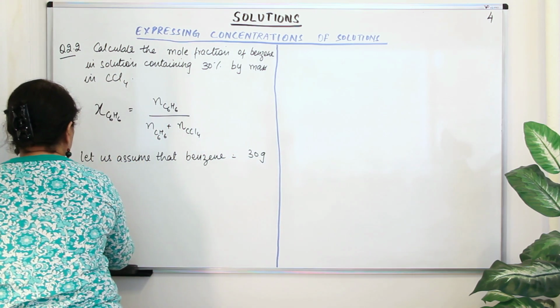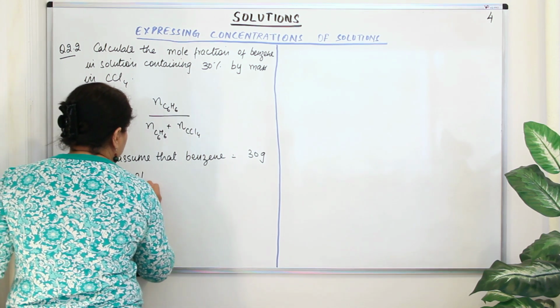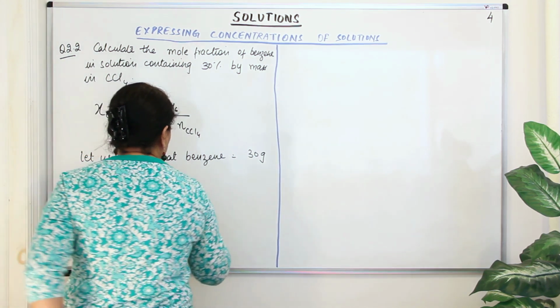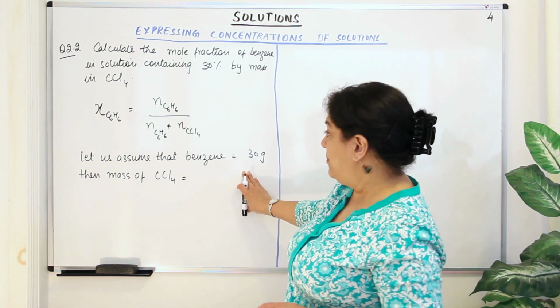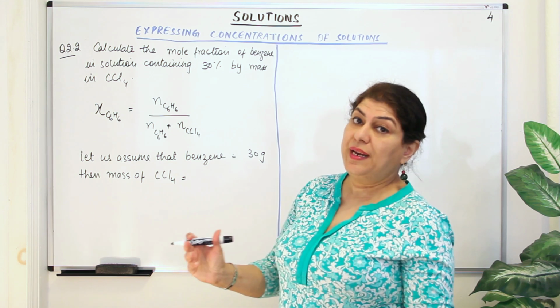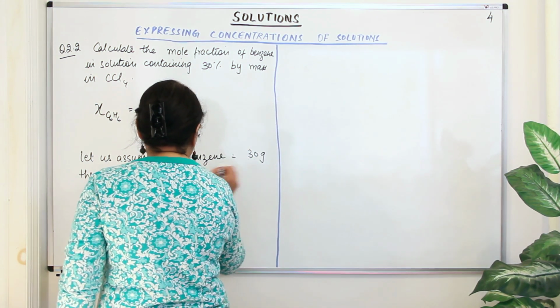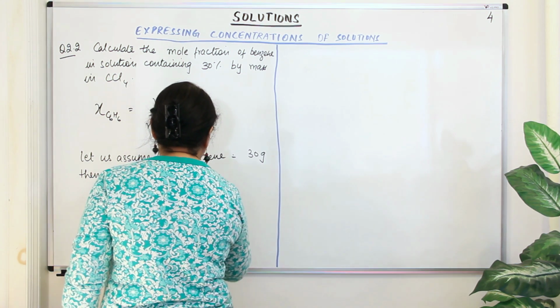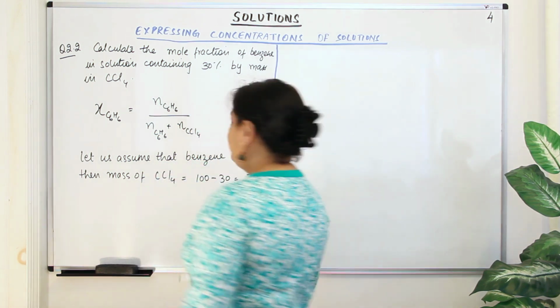Then the mass of CCl4 would be equal to, now if out of 100%, 30% is benzene, then CCl4 is the remaining mass. So if you have a 100 gram solution, then if 30 grams is benzene, then CCl4 would be 100 minus 30, which is equal to 70 grams.